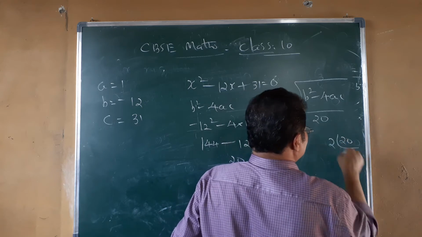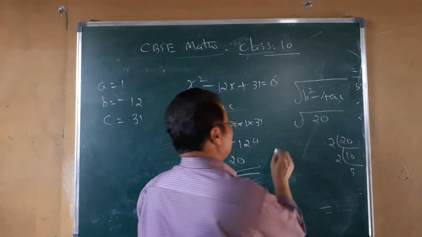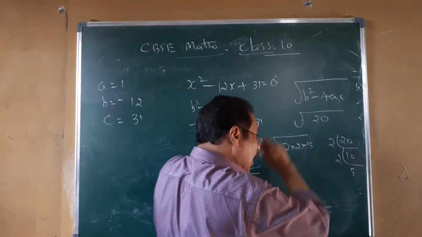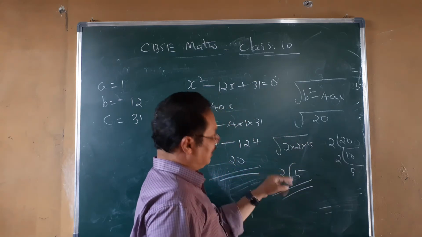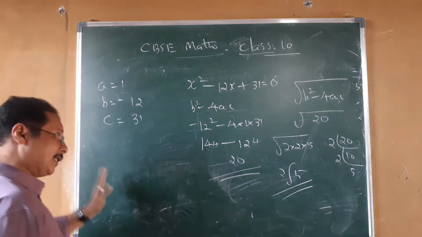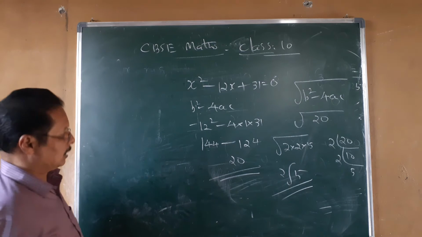By prime factorization, 20 is 2 into 2 into 5, and you studied that one of the two is taken out of the root, so 5 stays inside. 2 root 5 is the root of 20. A similar problem you already discussed in the previous class.